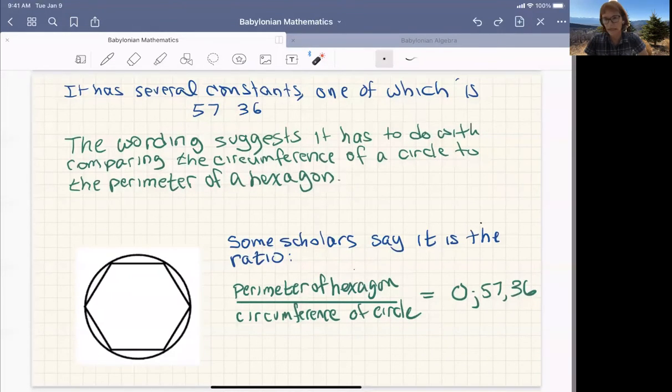So the integer part of the number is 0, and then the fractional part contains the base 60 digits, 57 and 36. If you look at this picture, it does appear that the perimeter of the hexagon is smaller than the circumference of the circle.